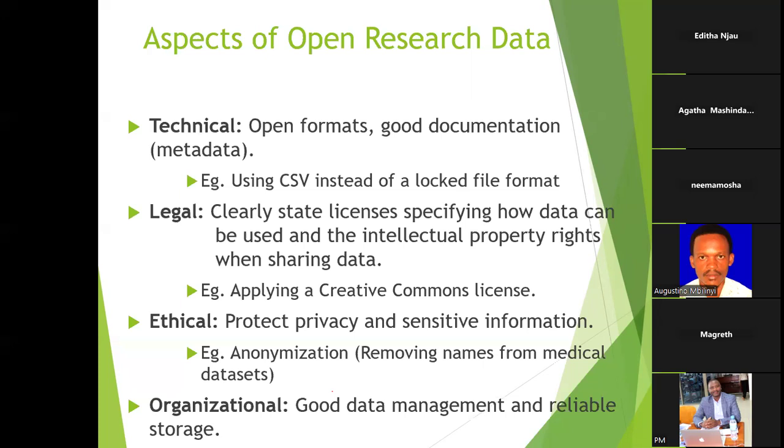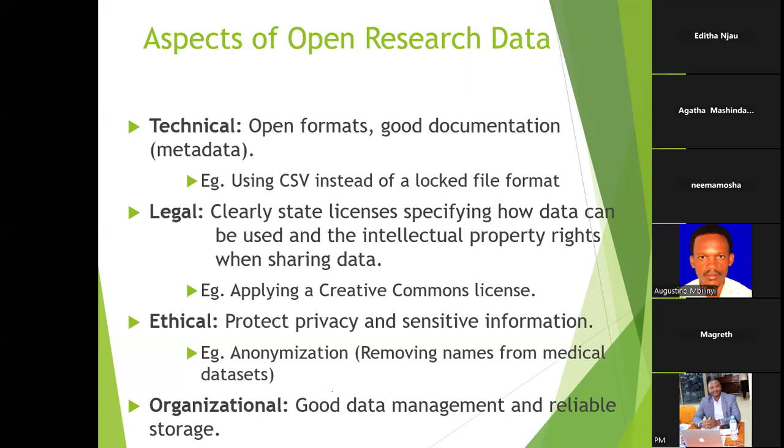By good documentation, I mean your metadata: how it appears and how it will be stored so that anyone can access it. Using CSV, not a locked file format, which could make it difficult for someone to use those open research data.